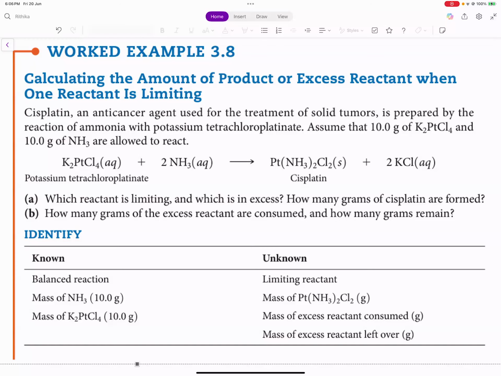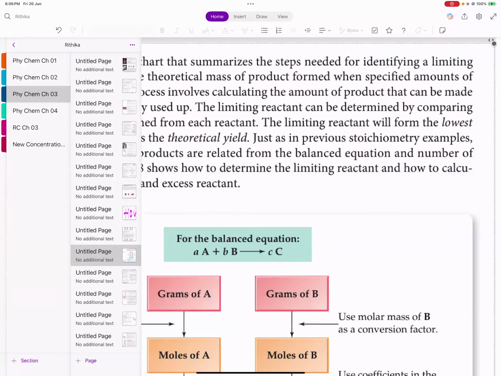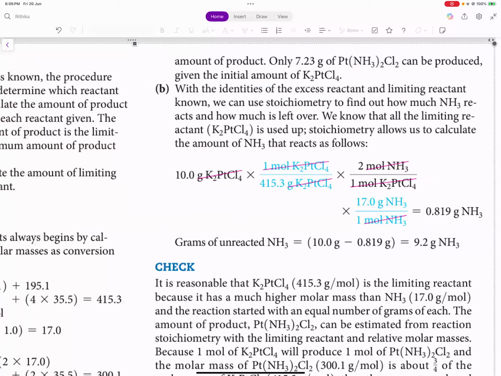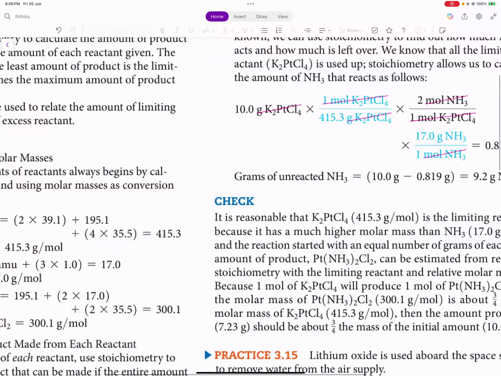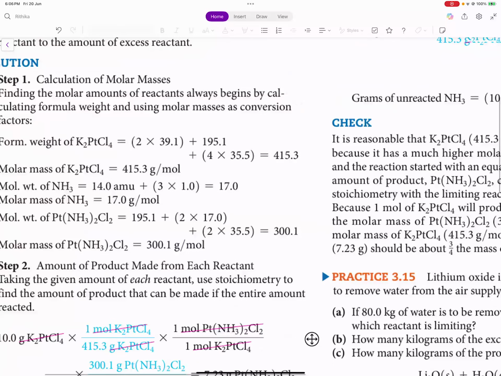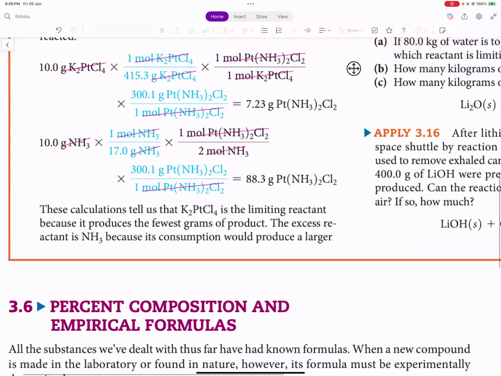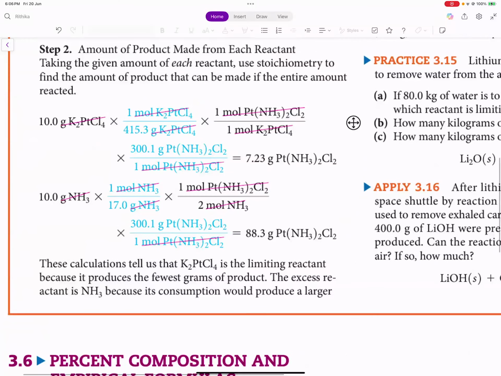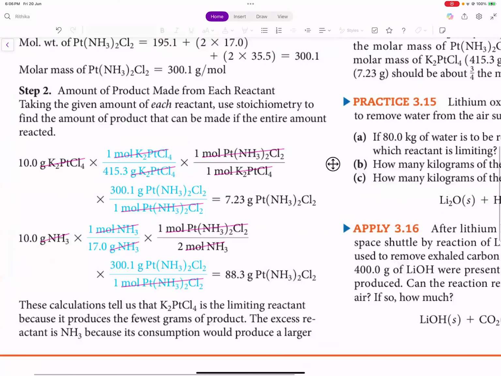Okay, you got it? For the eighth part, the limiting reactant is K2PtCl4. Excess is the other. And how many grams? 88.2 grams.